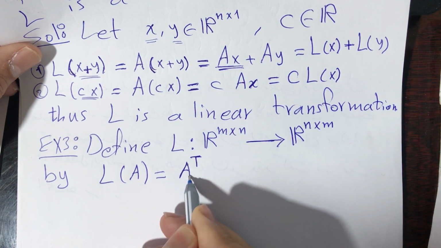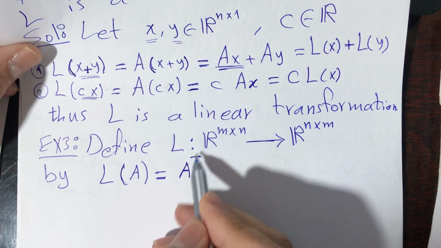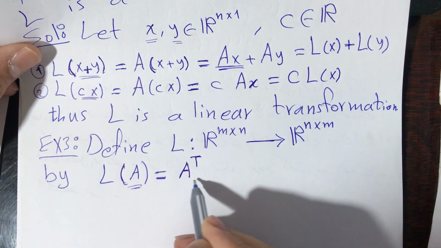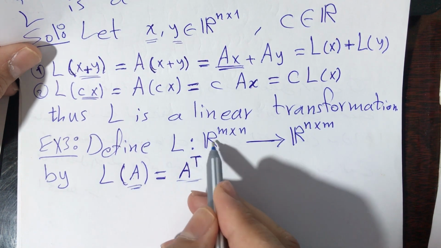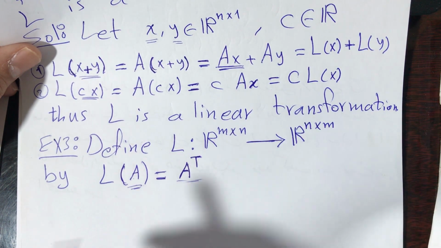You know what a transpose is. L of A: this A is the input, in R^(m×n), and this is the output in R^(n×m), because the matrix will be rotated.